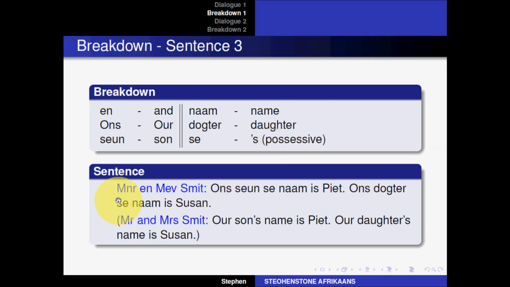So the sentences are Meneer en mevrou Smit, ons seun se naam is Piet. Ons dogter se naam is Susan. So Mr. and Mrs. Smit say, our son's name is Piet. Our daughter's name is Susan.